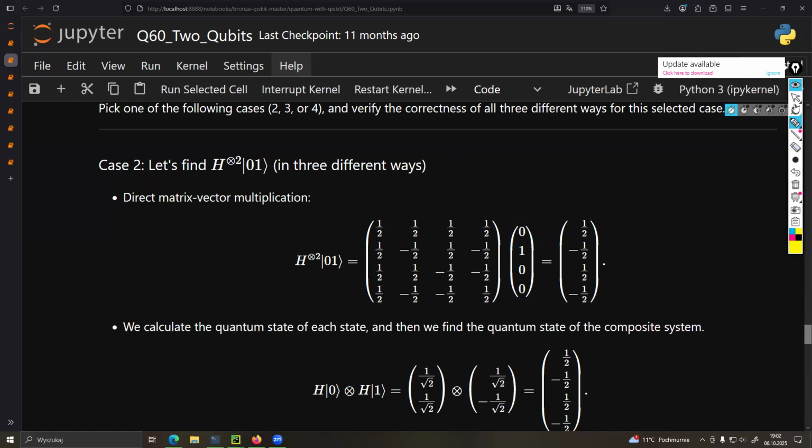Or I could say that I just apply Hadamard to each of the qubits because I could just split it in the tensor product and distribute it.